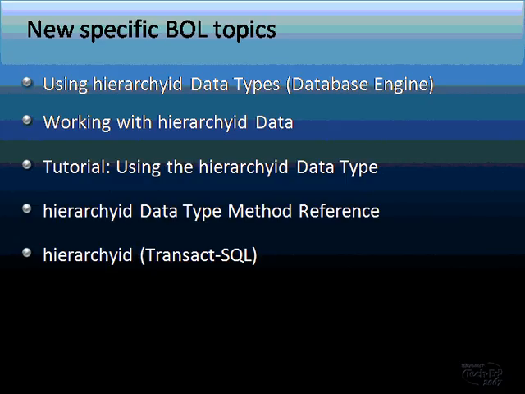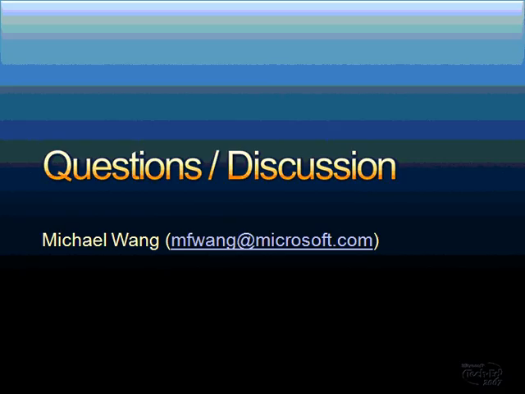All the information is on Books Online, so please feel free to go find all the information you need. And if you find any issues or questions, feel free to either send us an email or go to the Connect site and open a request.